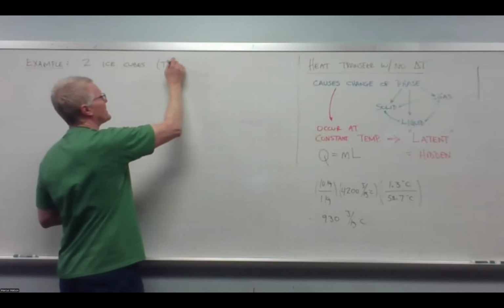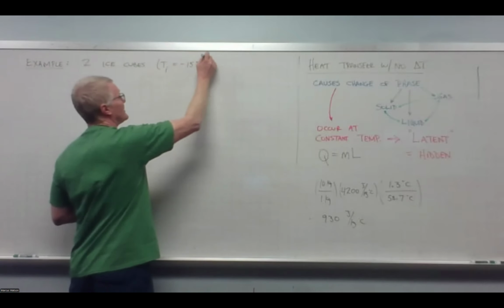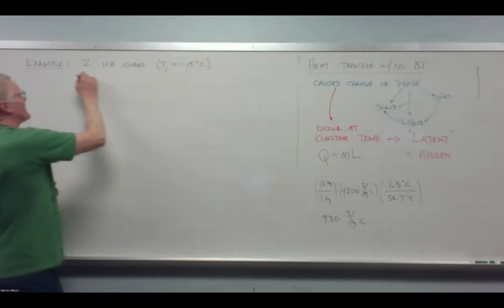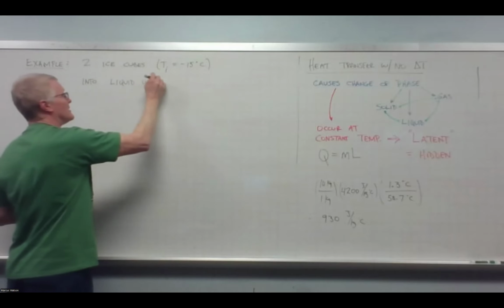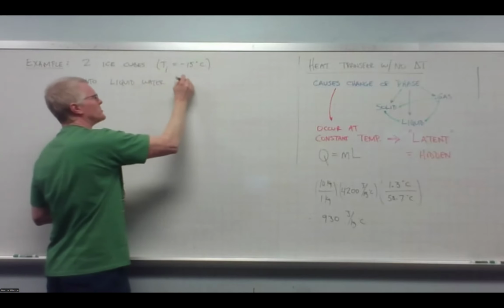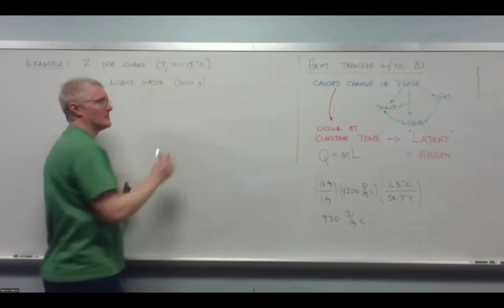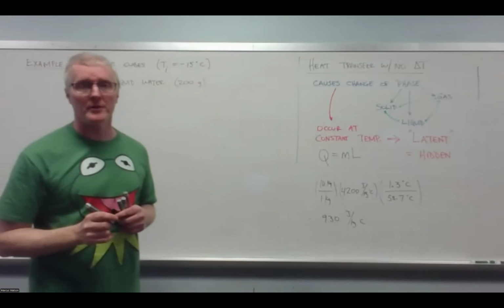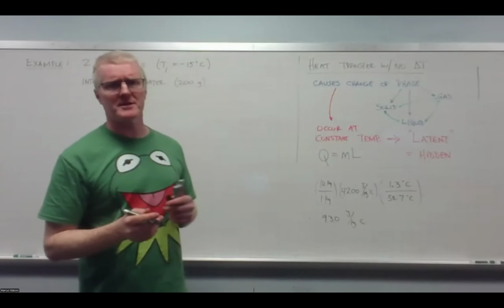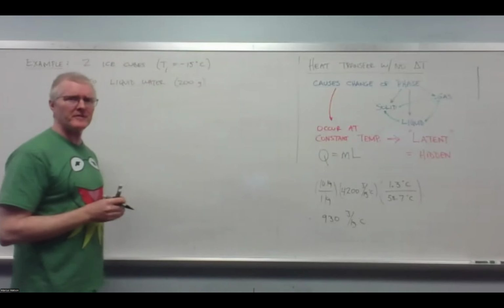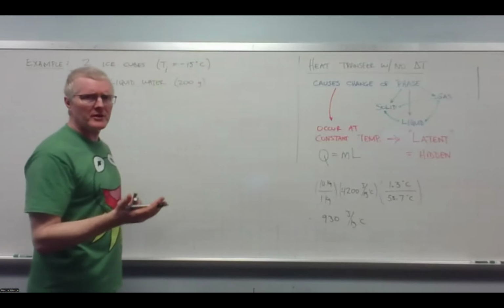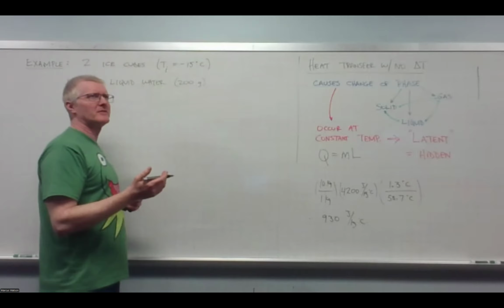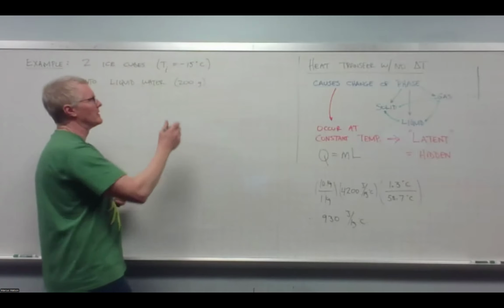So the initial temperature of the ice cubes is minus 15 centigrade. I'm going to drop these 2 ice cubes into liquid, and I'm going to suppose that I have 200 grams of liquid water. That's two tenths of a liter, a fifth of a liter, so basically almost 8 ounces worth.